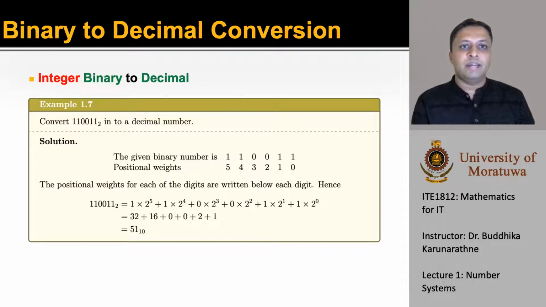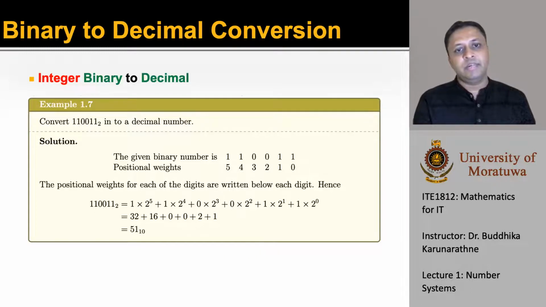And now we look at another type of conversion, from binary to decimal. The example is to start from this binary number and then convert it into a decimal number. All right, so let's look at the procedure here.